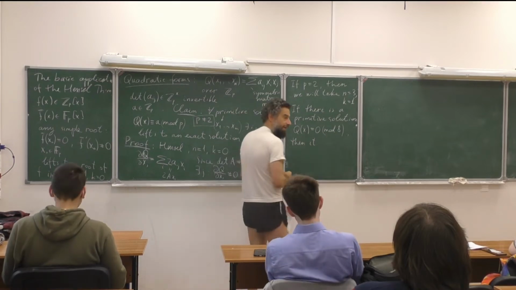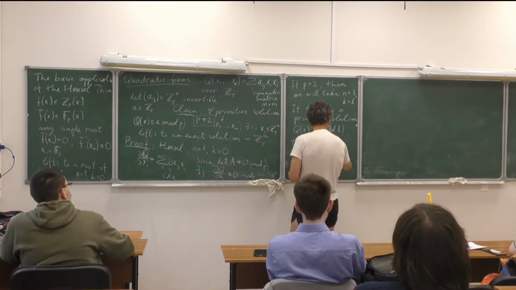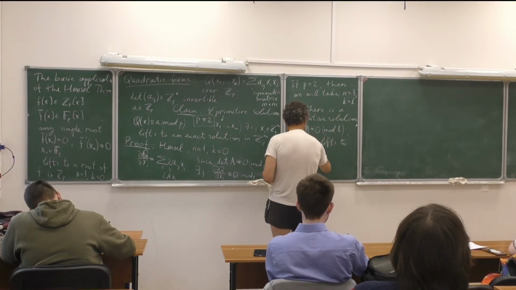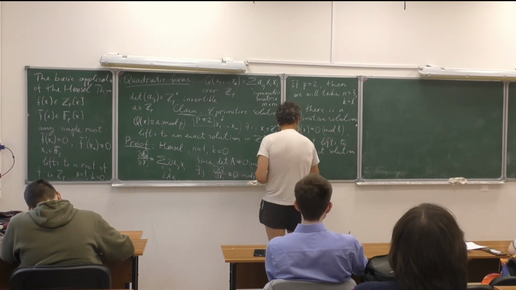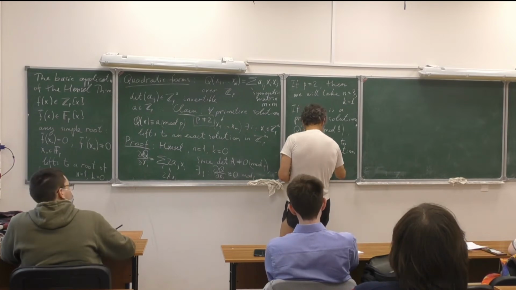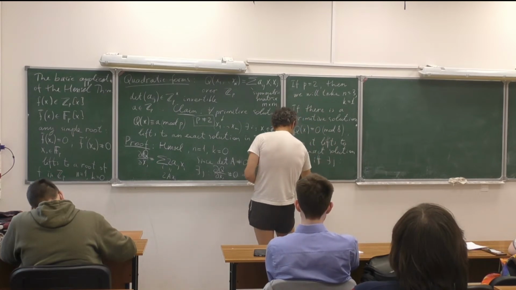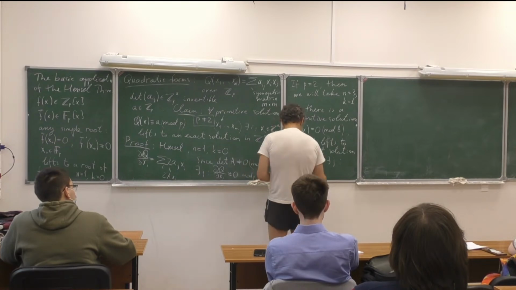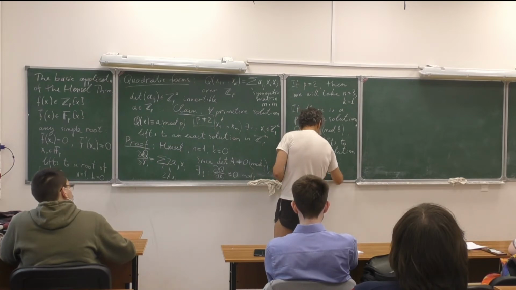It's equality modulo 8. Okay, then it lifts to an exact solution in Z2 if there is a certain coordinate j such that the partial derivative with respect to the j-th coordinate is not 0 modulo 4.